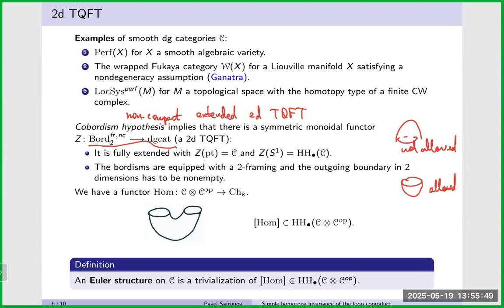Algebraically, what this means is that it allows us to relax the finiteness conditions on the category to define this TQFT. And the relevant finiteness condition of the category is what's called a smooth DG category. So if you have any smooth DG category, the cobordism hypothesis allows us to define this non-compact extended 2D TQFT.